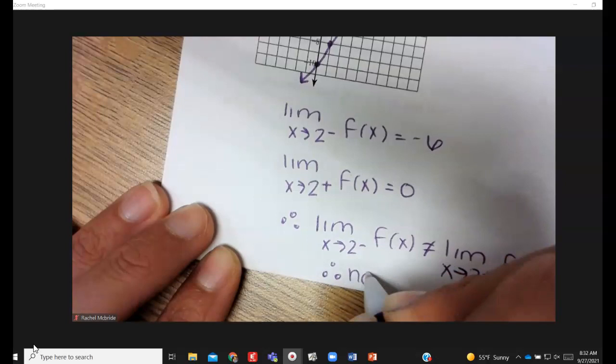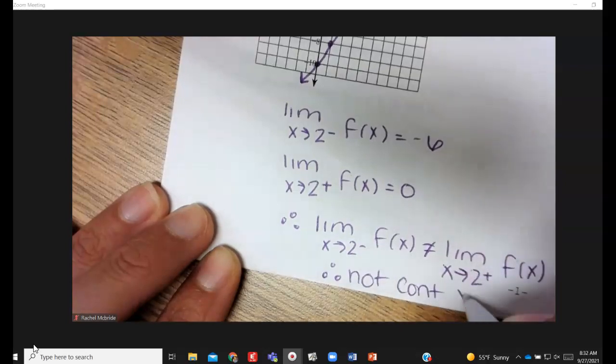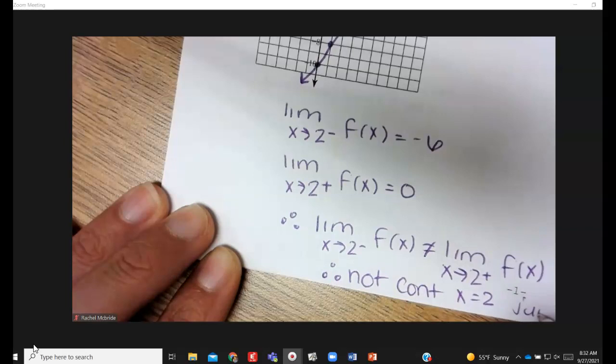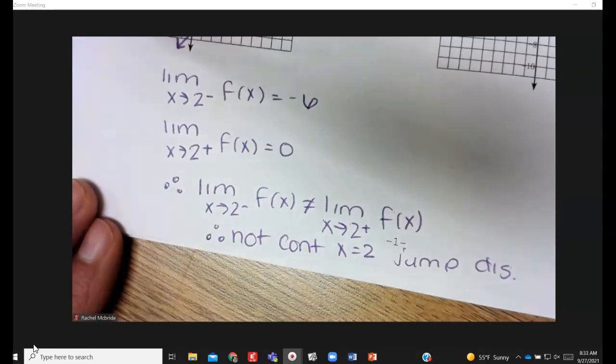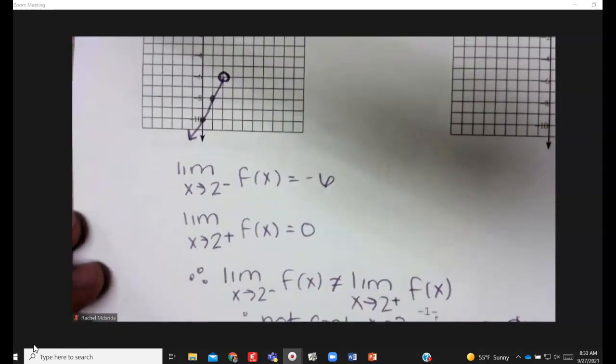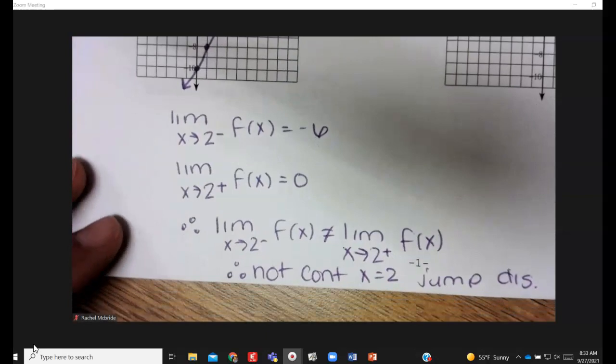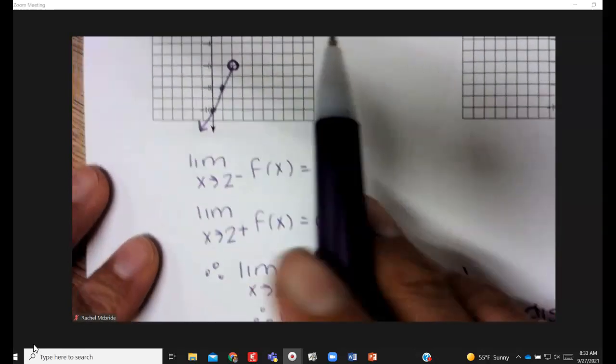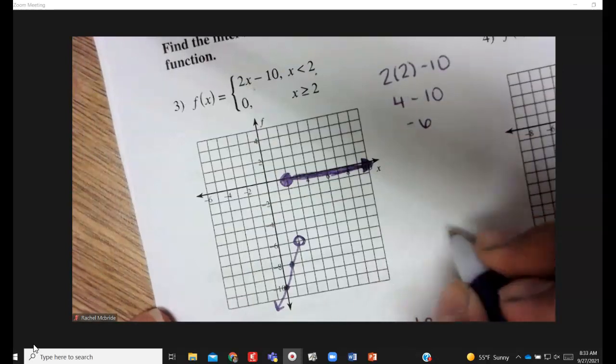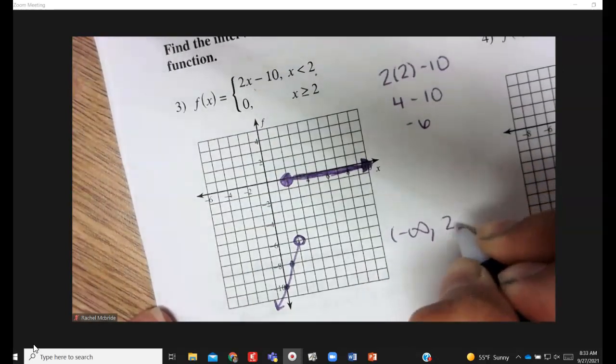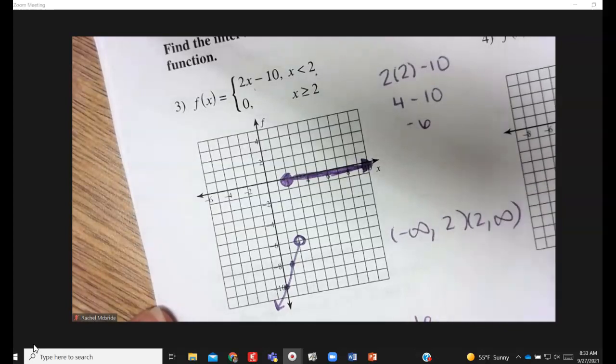Therefore, it is not continuous at x equals 2, and we have jump discontinuity. The intervals would be negative infinity to 2, and 2 to infinity.